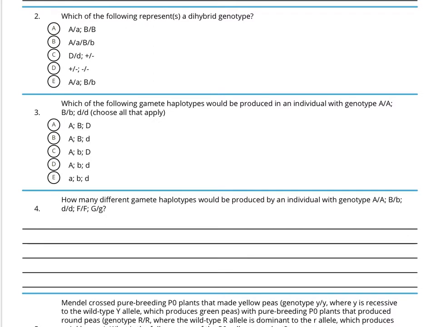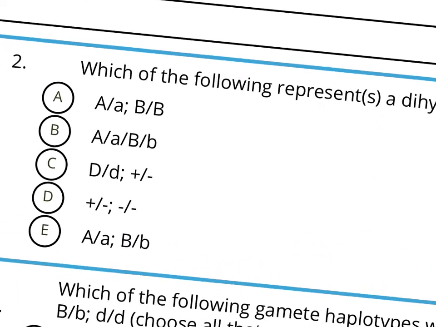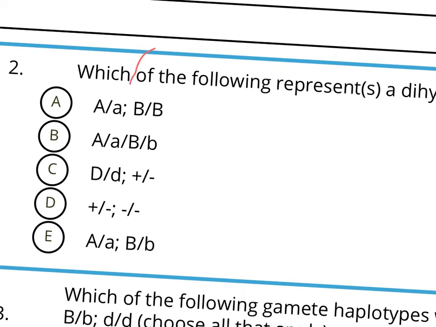What's the character that tells us whether we're dealing with alleles or genes? The semicolon. This is what separates genes. Anytime we see a semicolon, we know we've got one gene, and a second gene. So there's the A gene, there's the B gene.